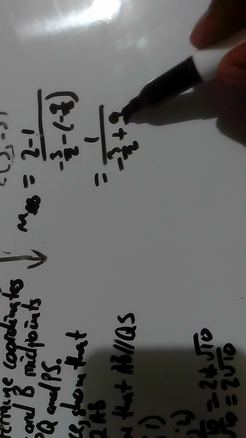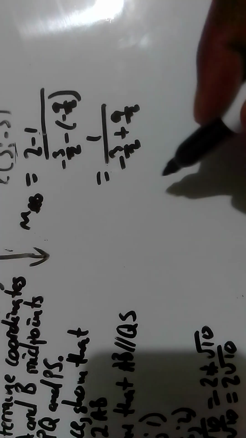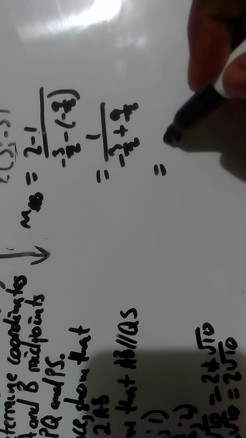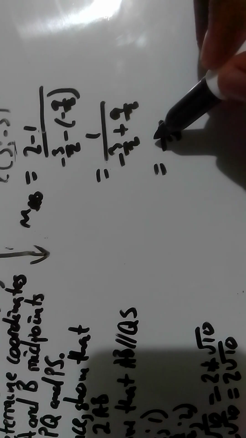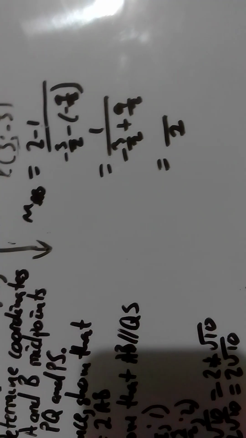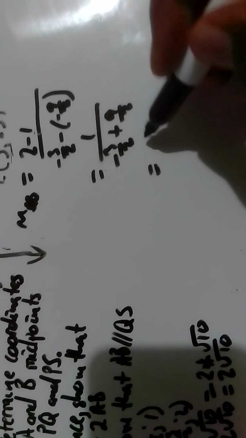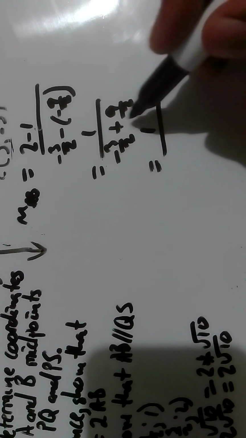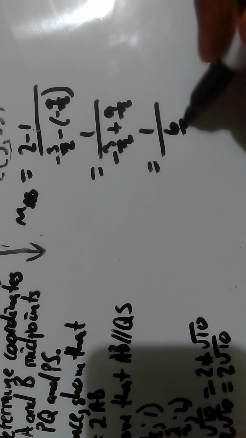Now, identical denominators. So I've got 9 minus 3 is equal to 6 over 2. Wait a minute. Before I make a mistake, I must write my numerator 1. So now I've got 6 over 2.